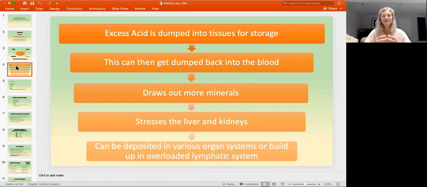It's pulled out, it's put in, it's pulled out, it's put in, and eventually it will start to stress our liver and our kidneys. And it can be deposited in various organ systems, or it can also build up in what then becomes an overloaded lymphatic system.